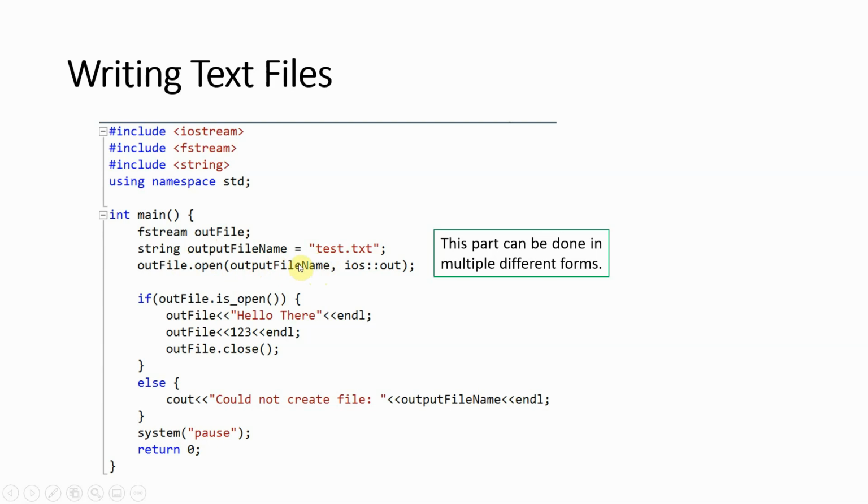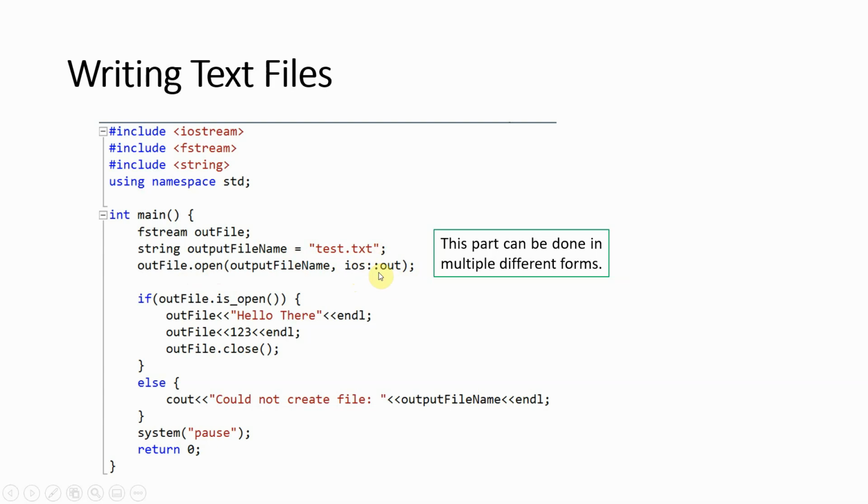In this special format, when we're using fstream, we have to specify whether we want to read from the file or write onto the file. Because we want to write a text file, we have to provide ios::out. This is like a static member variable of the class, so we provide it to the open member function.